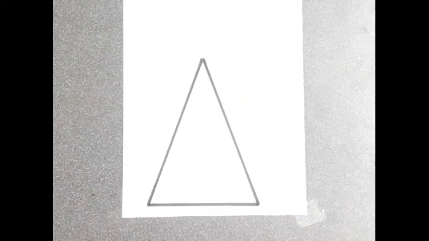So the next figure which I took here is a triangle. As the triangle has 3 sides, we should not consider that the order of rotational symmetry is going to be 3. Just like the rectangle, the order of rotational symmetry is going to be different. So let us see how it goes. Okay.